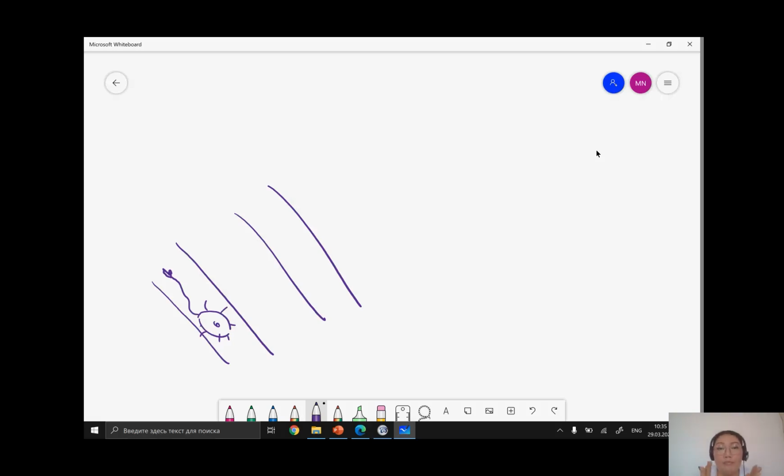The middle one is muscle tissue, and within the muscle tissue we have the stretch receptors, as I drew right here.